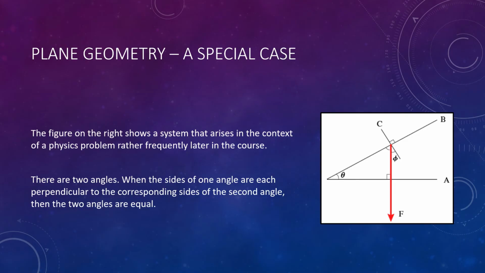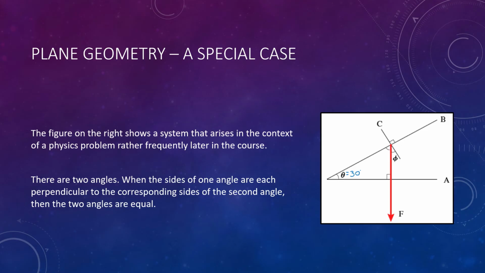Now this might seem a little weird or hard to visualize at first, so let's put some numbers in and try to make sense of this. Let's just pick some random numbers. Let's say theta is 30 degrees. Remember, triangles add up to 180 degrees.